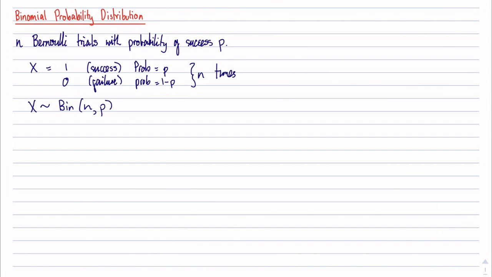So X is distributed binomially, which means it's literally a thing with successes or failures, doing it n times. Distributed binomially, n trials, p successes.